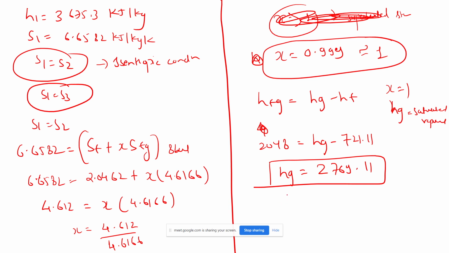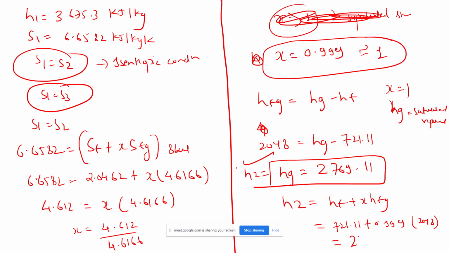If anyone else wants, he can also calculate that considering wet, so only one or two values will change. Either you can take this, or you can calculate Hf plus x into Hfg. The answer will not be affected much. 721.11 plus 0.999 times 2048. What is the value from here? You will get 27 something 6, and it will differ by 1 or 2 only.